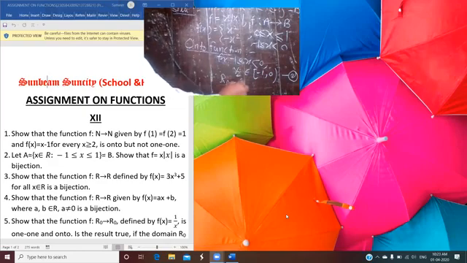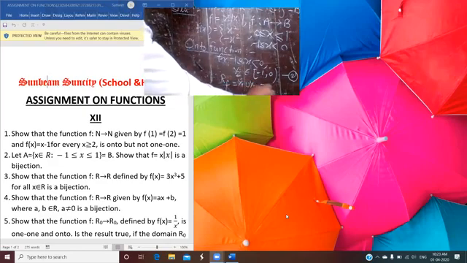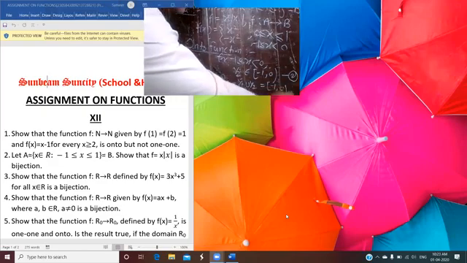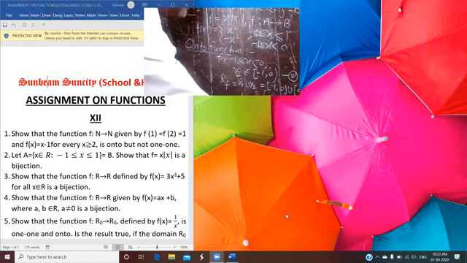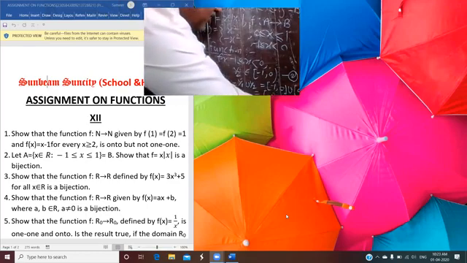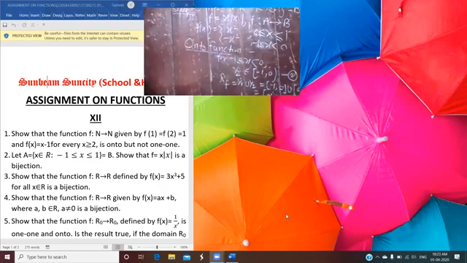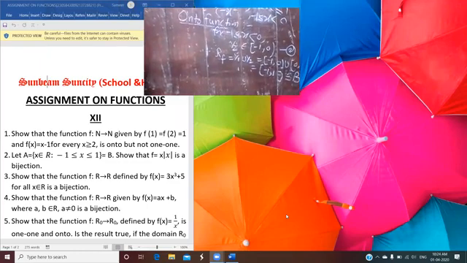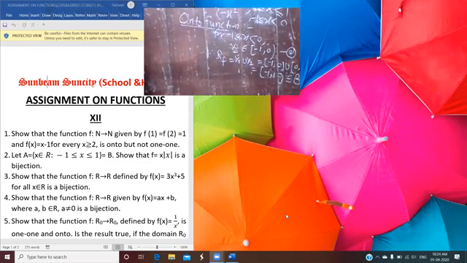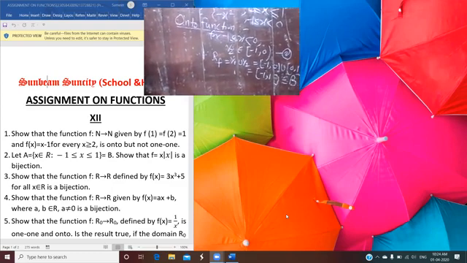So the range of function is y1 union y2, that is -1 to 0 union 0 to 1, and that can also be written as -1 to 1, which is equal to b, the codomain of f.